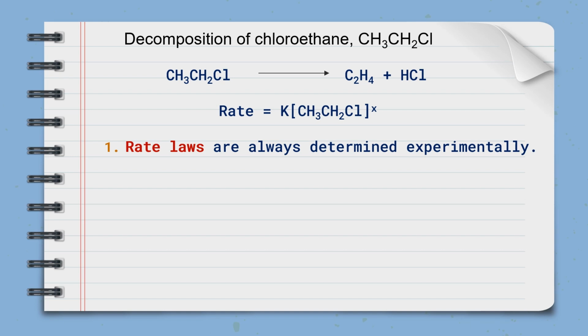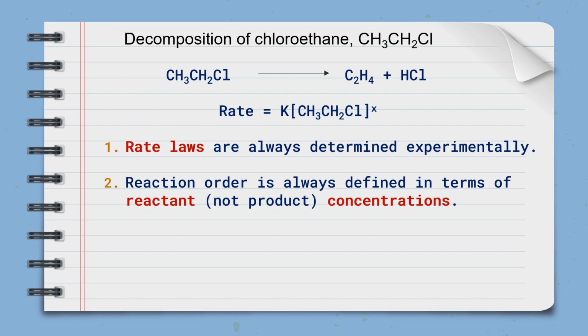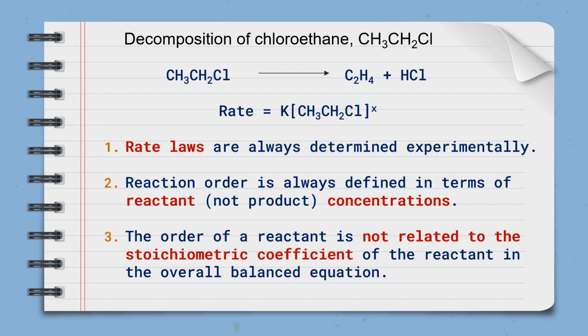But bear in mind, rate laws are always determined experimentally. The reaction order is always defined in terms of reactant concentration, not the product. The order of the reaction refers to the concentration of the reactant only.